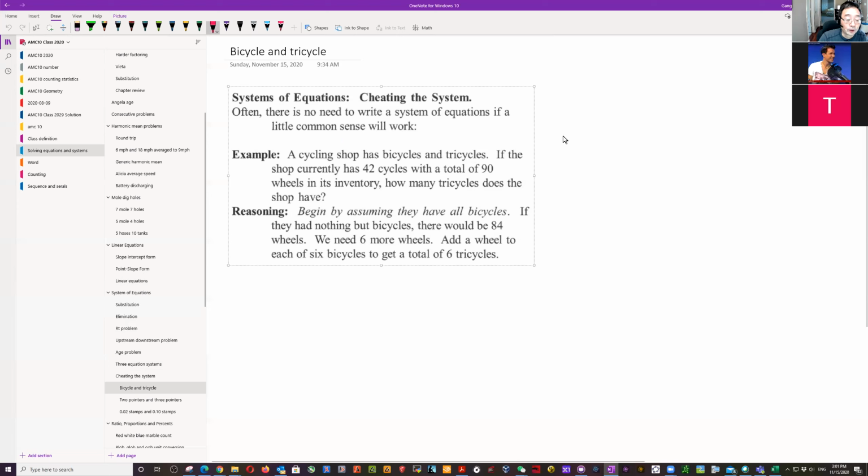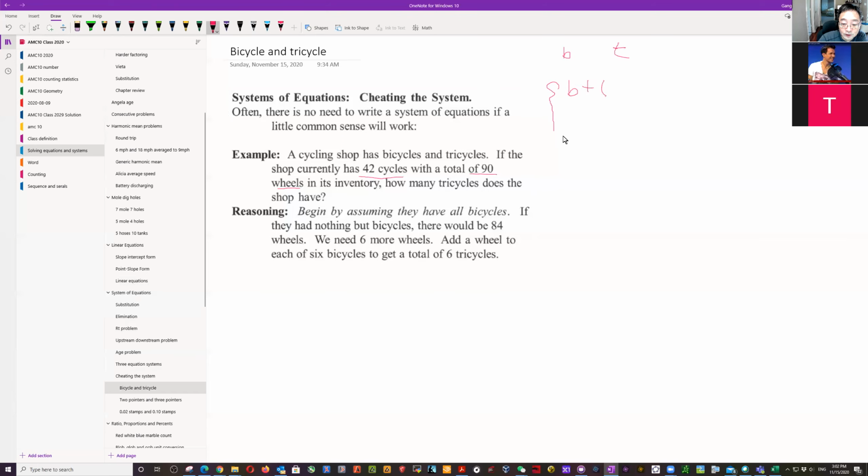For this example, a cycling shop has bicycles and tricycles. The shop currently has 42 cycles with a total of 90 wheels in inventory. How many tricycles does the shop have? If you really do the equation way, let B be bicycles and T be tricycles.